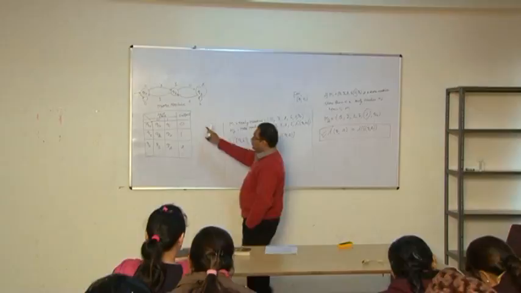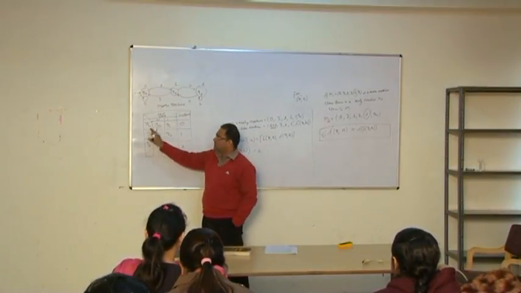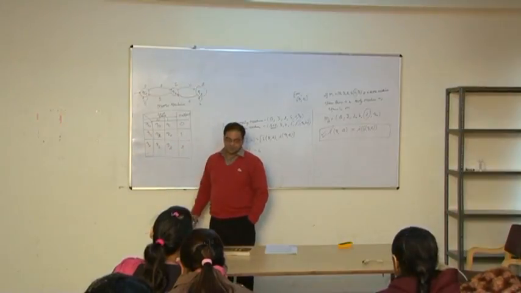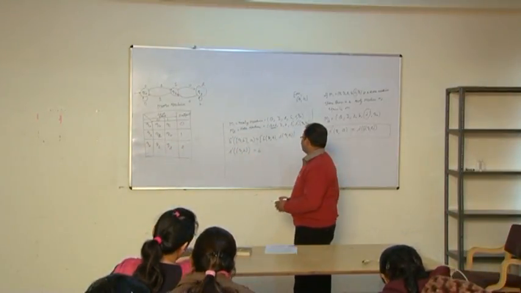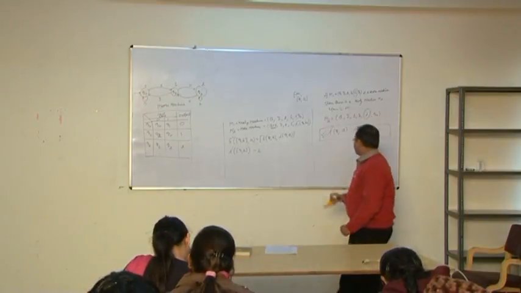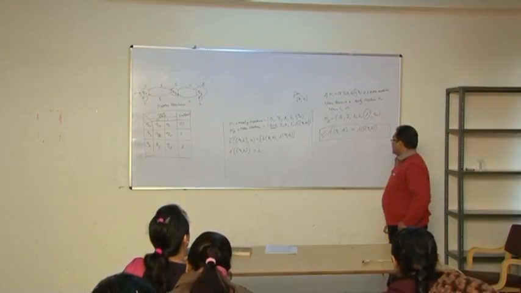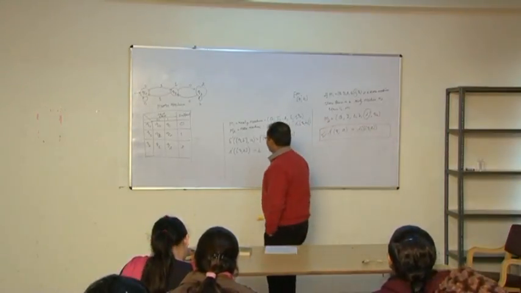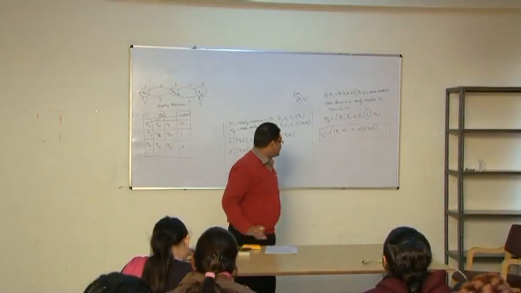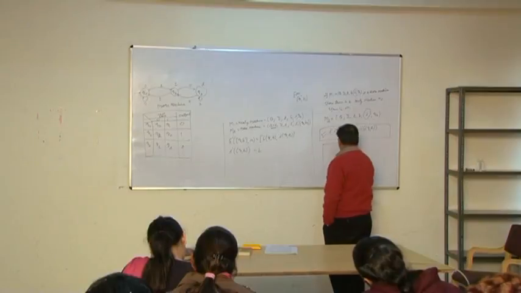So here there will be only one column corresponding to output because it is associated directly with the current state. Now we are converting this Moore machine into the Mealy machine. So what is required over here is there is no change in the next state, right?